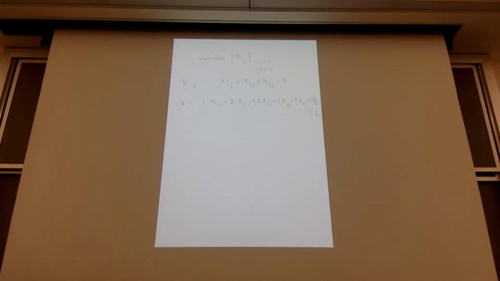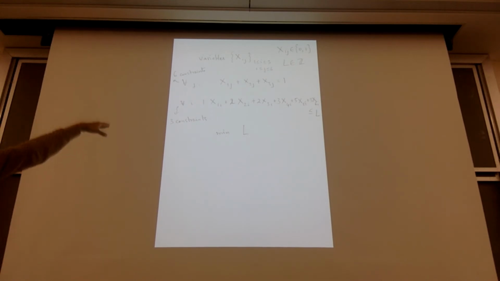So here there are 6 constraints, and here there are 3 constraints like this, one for every i. And you want to minimize L. And of course you know that xij belongs to {0,1} and L belongs to the integers. So your variables are those, and these are the constraints they should satisfy.